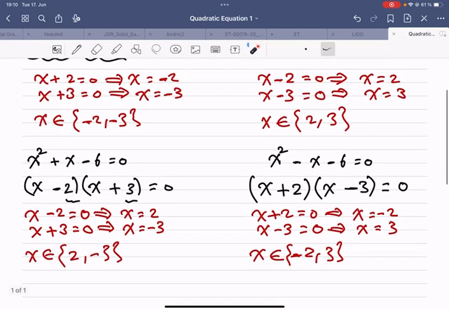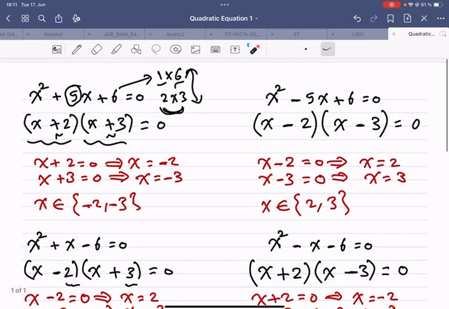But if the last term is negative, this means that one of the numbers is negative and one is positive. This depends on the sign of the middle term. If the sign of the middle term is positive, this means that the biggest number is positive. If the sign of the middle term is negative, the biggest number is negative.